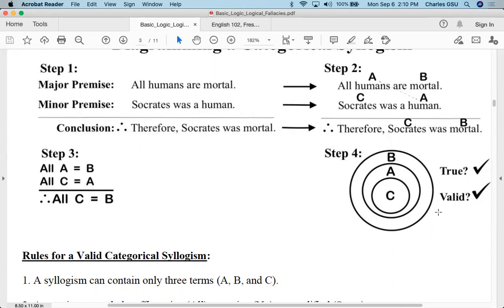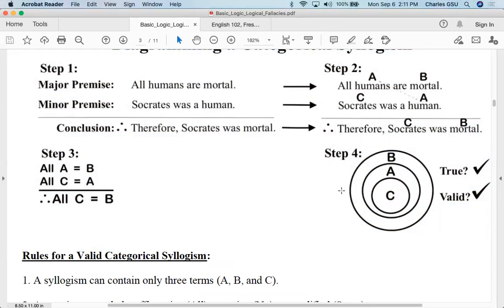You have the larger B here, and you metaphorically, symbolically pour all of the A's, the smaller A circle, inside of B's. So that means that all of the A's are now contained or belong to or equal B. And likewise, using the same strategy, how do you show all C equals A?